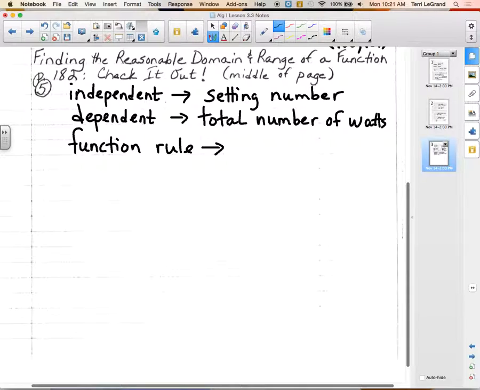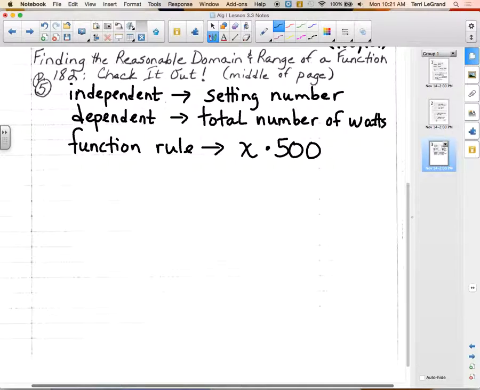We'll use X and Y. Aaron? X times 500. Yeah, X times 500. Well, you know what? We'll do it the way you said it right there. The function rule is X times 500. You have to multiply the setting number by 500 because each setting number is 500 watts, right? Isn't that what it said?